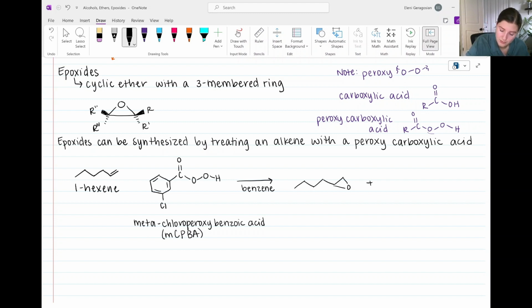And then we have benzoic acid, or metachlorobenzoic acid, as a byproduct. So metachlorobenzoic acid.